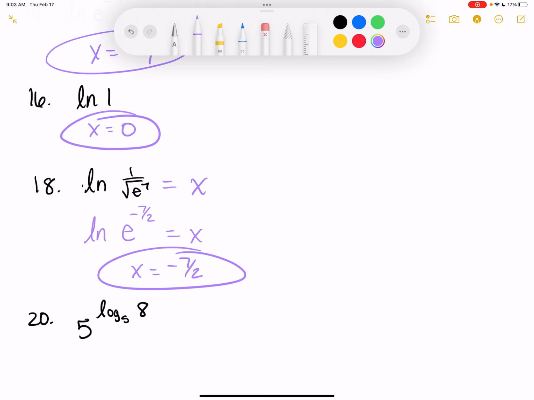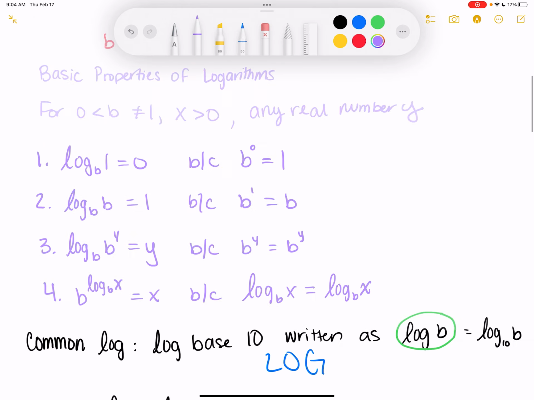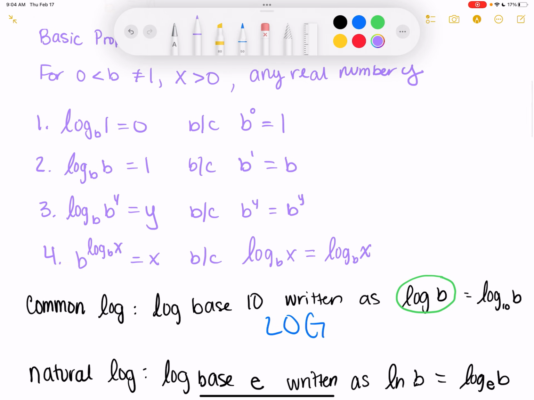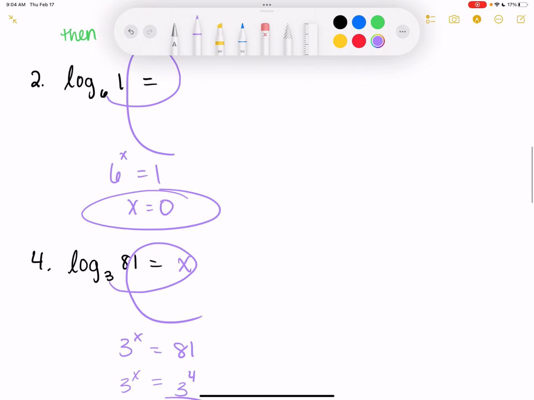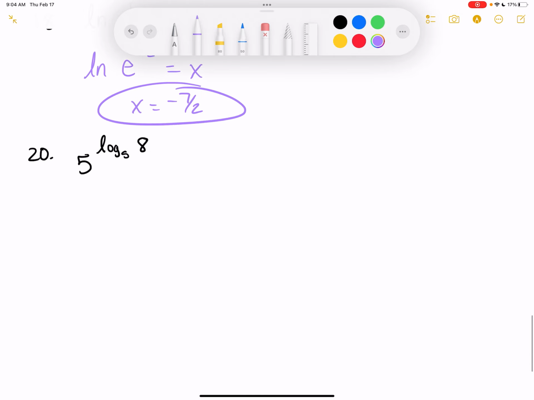What was x in this, though? 5 to the log base 5 of 8. Sorry, my bad. I looked at the wrong one. So this is just equal to 8. I didn't write this very legibly.